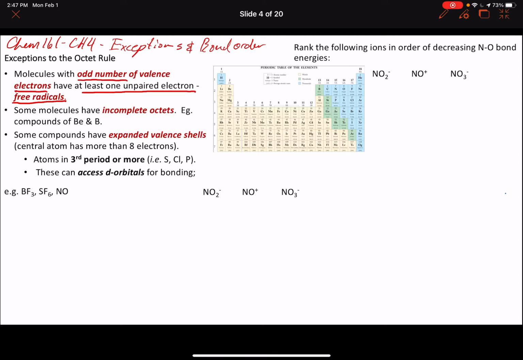So the NO2 minus ion, a polyatomic ion with a single charge. NO2 minus, 5 valence electrons from the nitrogen, 12 from the 2 oxygens. We have an additional electron because of the charge.